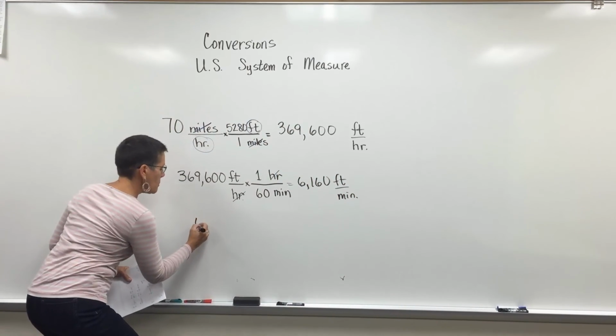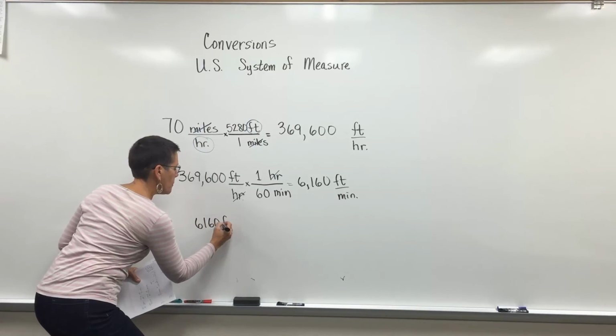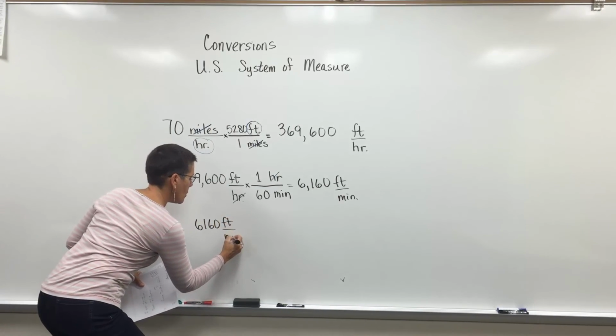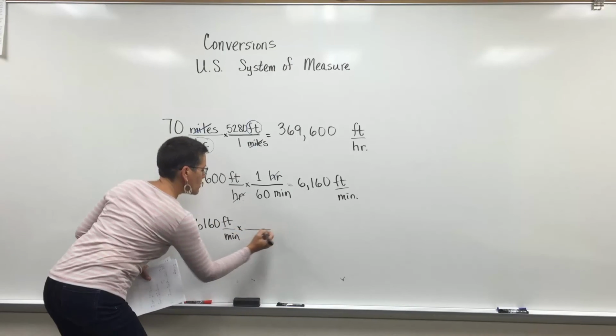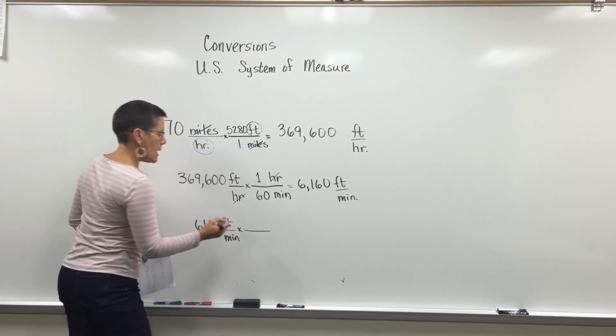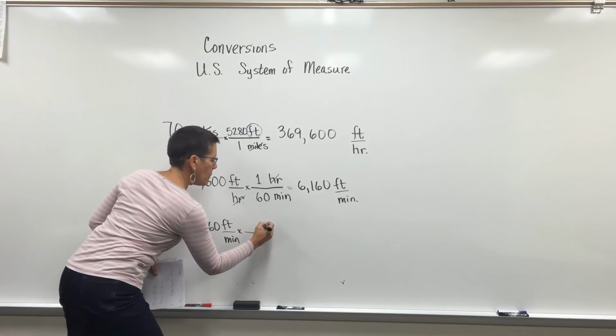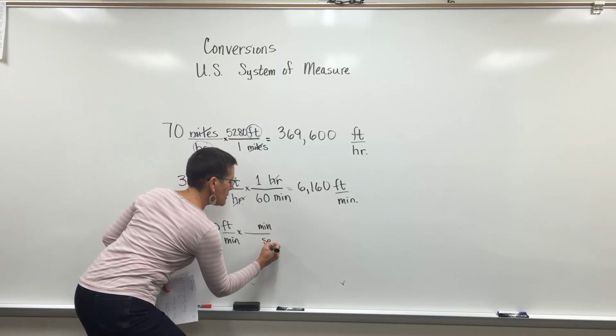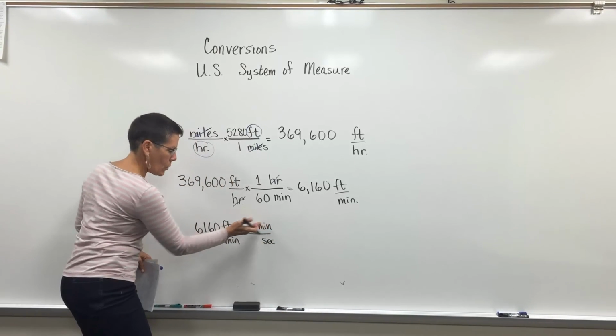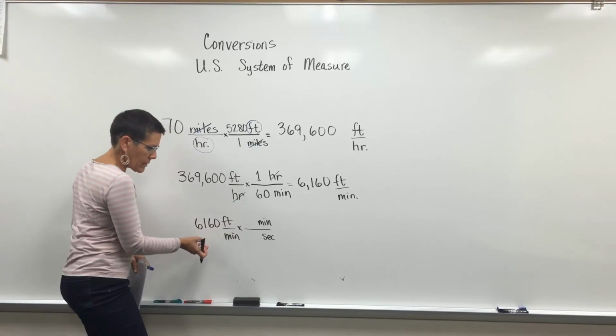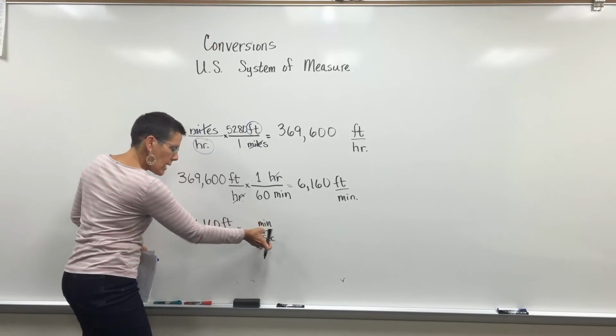But remember, I didn't want this in feet per minute. I wanted this in feet per second. So I'm now going to use the factor label method again. I'm going to put the word minutes up here, the word seconds down here, because I want those words to cross off. So my answer will be in feet per second.